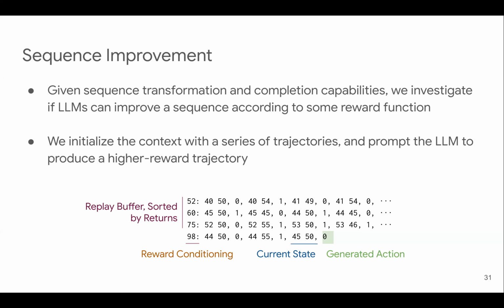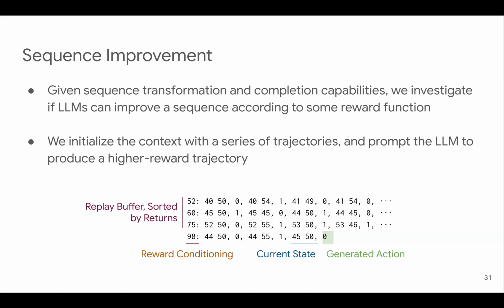I don't actually tell the language model this is what you're seeing. I just give it the numbers. And then for the next one, I prompt it with a higher reward, and it naturally generates higher reward trajectories. It figures out what the low level pattern is there and creates an improved controller in this case.